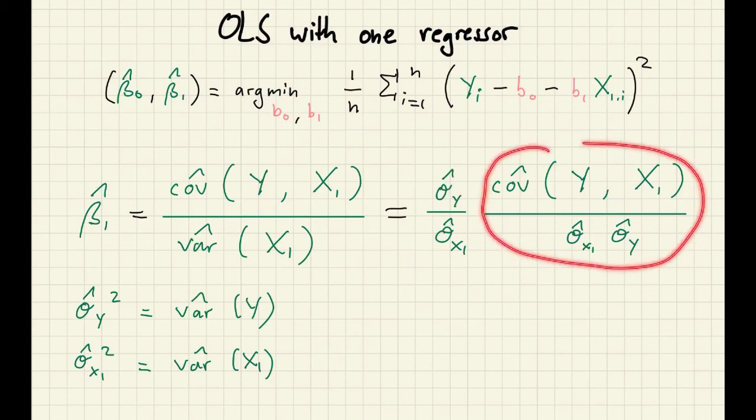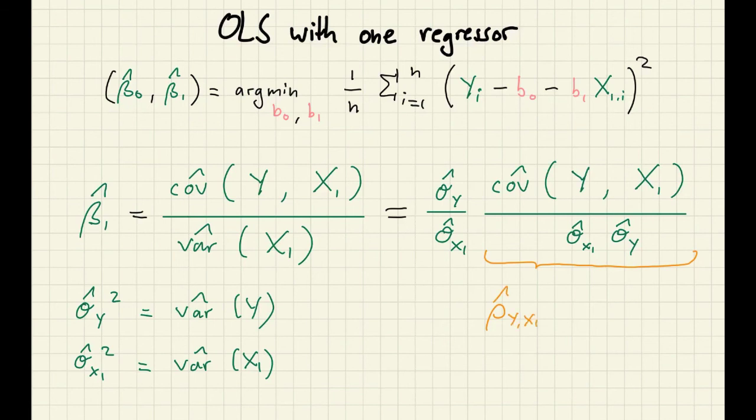This expression scales the covariance between y and x1 by the standard deviation of y and x1. This scaled version of the covariance has a name, and it's called a correlation coefficient. I'll call it rho hat y x1, and this is also known as Pearson's correlation coefficient.